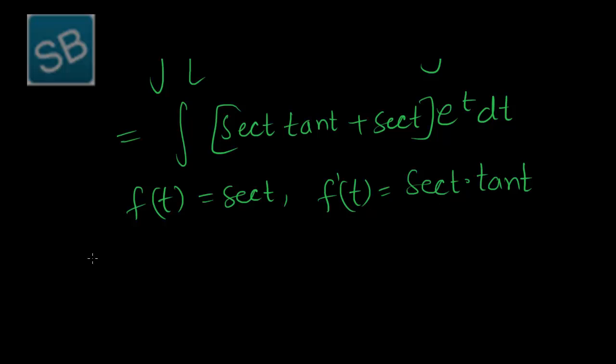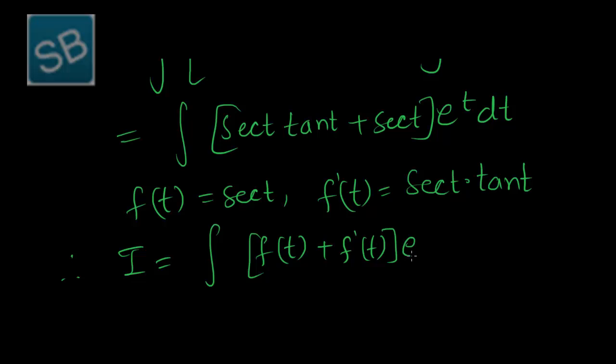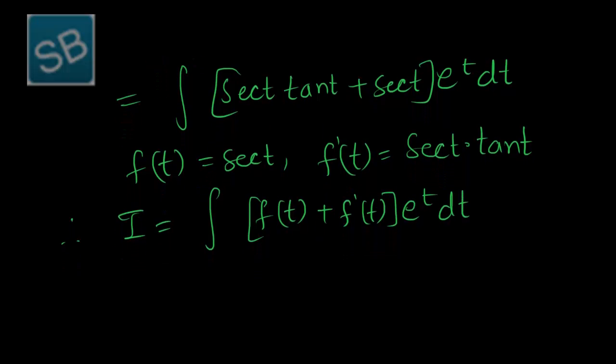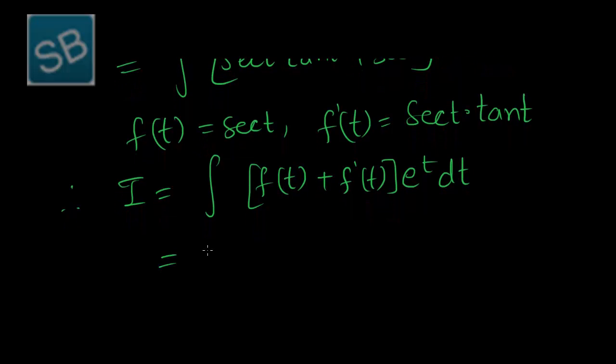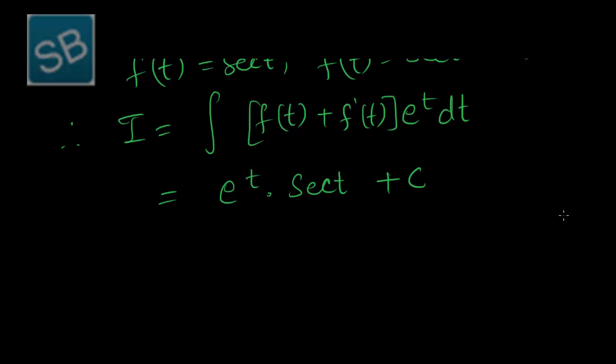Therefore, I is equal to the integral of f of t plus f dash t, e raised to power t dt form. So here we get e raised to power t into f of t, that is secant t, plus c. So what is t?